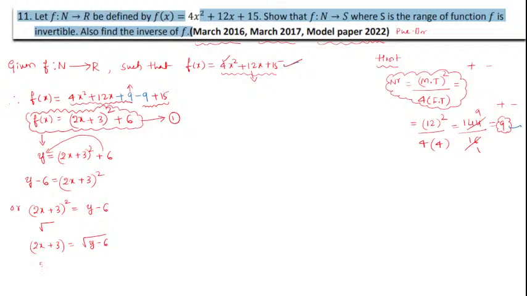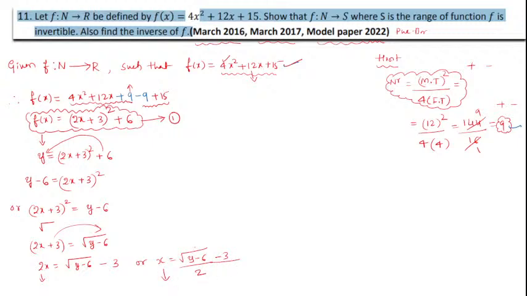Then 2x is equal to root of y minus 6 minus 3, as I shift the 3 here. And again you will get your x value: x is equal to root of y minus 6 minus 3, whole divided by 2.